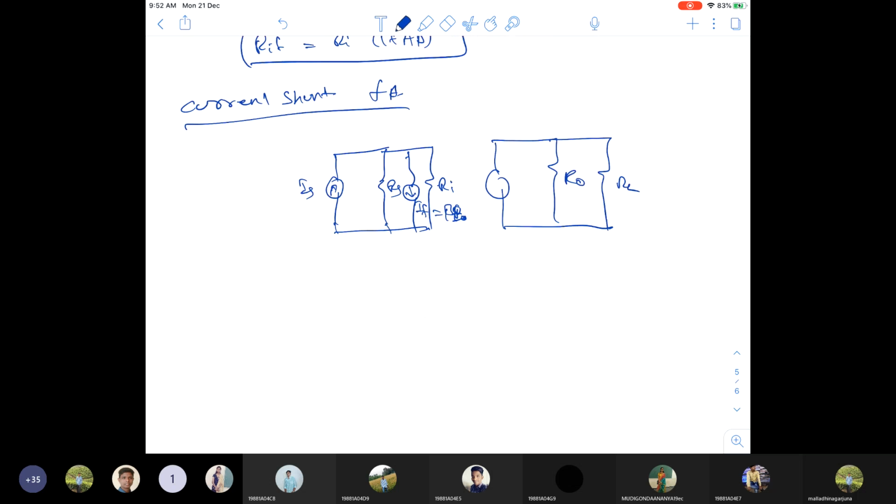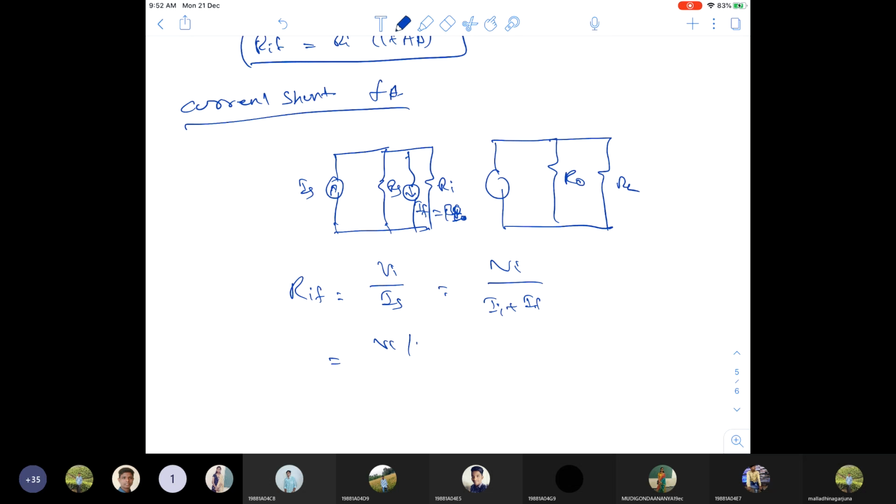For RIF, since the input is shunt, we write V by IS. Resistance is voltage by current, so we are not deviating from Ohm's law; only, for shunt input we take the current IS, because the input variable is current. So Vi by IS is nothing but Ia plus IF.